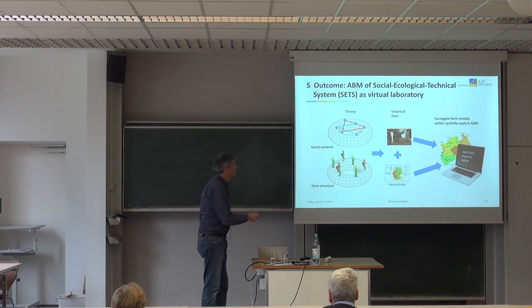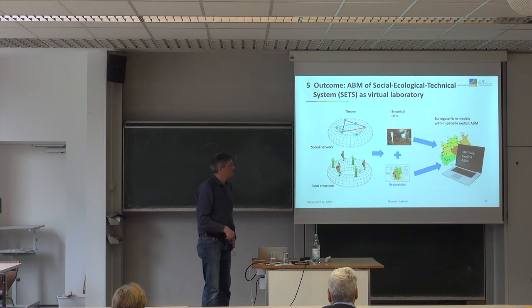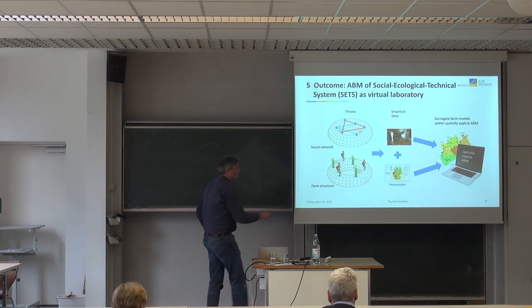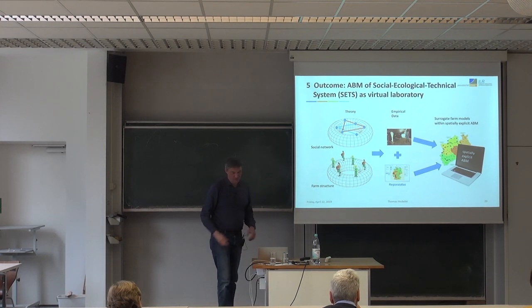And ultimately, we want to combine theory, social network interaction, farm structure, a really spatially explicit representation using as much empirical data that we get to build here a spatially explicit agent-based model that then uses at the regional level these surrogate farm models.